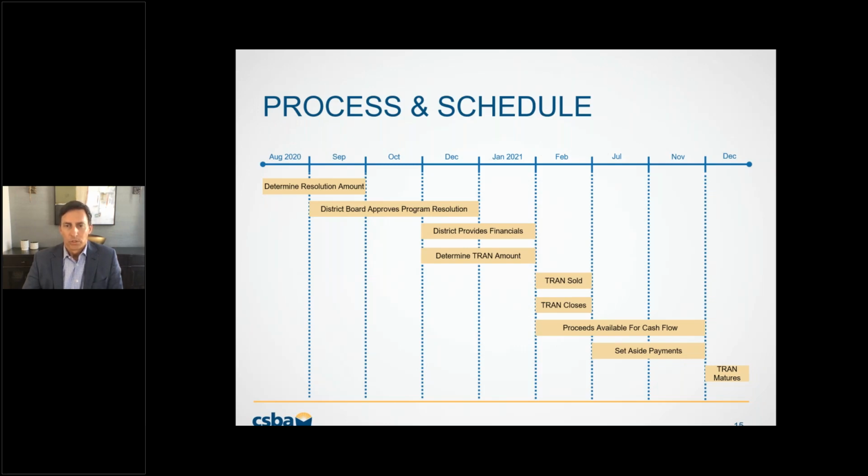And the repayments in TRANs, we call them set-aside payments. So some of the proceeds are set aside. They're not available for use for cash flow. They still sit in a district fund, but they're earmarked to make the TRAN repayment to investors, which would likely happen sometime after November, so potentially in December.